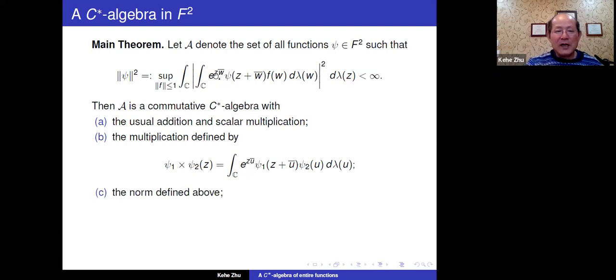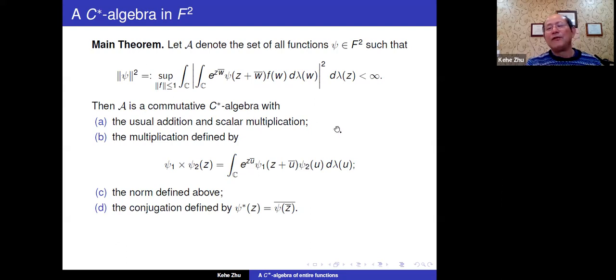And its norm is defined like this. And again, on a star algebra, you need a linear structure, you need a multiplication, you need a norm. And finally, you need a star operation, and the star operation over here is given by this natural star operation without referring to the Fock space at all. And then the result is that what you get over here is indeed a star algebra.